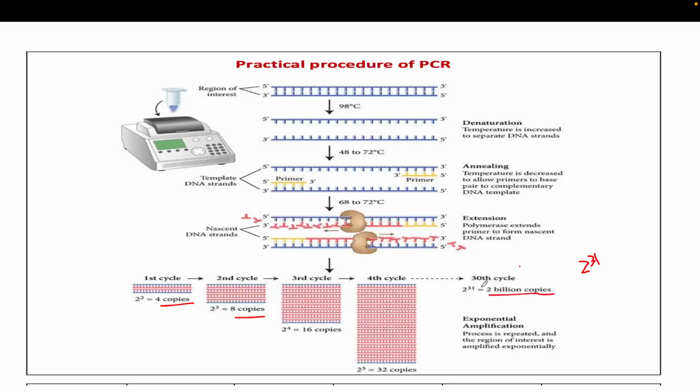On the 30th cycle it is 2 to the power 31. So you always take n as 1 plus the cycle number. Here you are talking about the 30th cycle, so you take 31. So 2 to the power 31 equals about 2 billion copies.